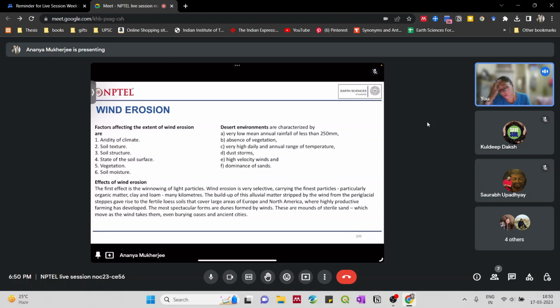So a huge amount of sand was picked up by the winds because of the great velocity it is blowing with, and it can dump the sand on the civilizations or cities, and just bury them. Okay, so these are some of the consequences that we see after erosion and transportation has happened by wind.